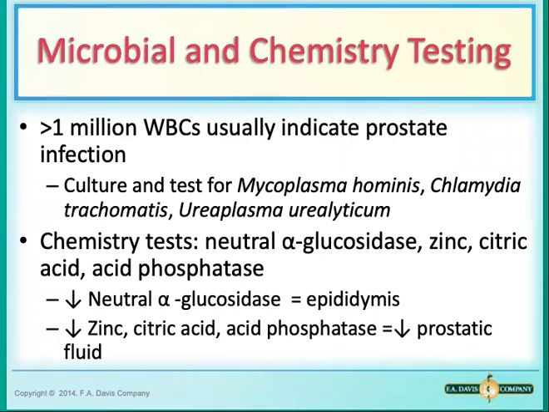Just as decreased fructose levels are associated with a lack of seminal fluid, decreased neutral alpha glucosidase, glycerophosphocholine, and L-carnitine can suggest a disorder of the epididymis. Decreased zinc, citric acid, gamma-glutamyl transpeptidase, and acid phosphatase can indicate a lack of prostatic fluid.